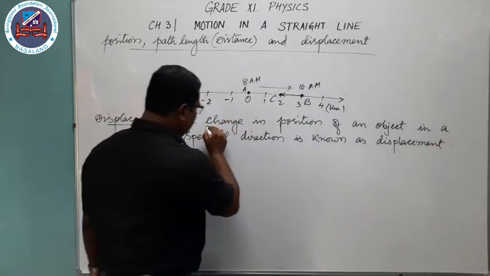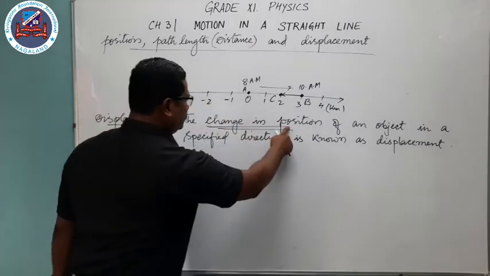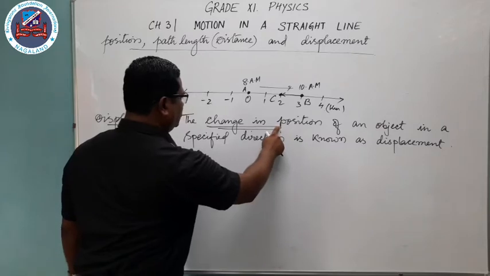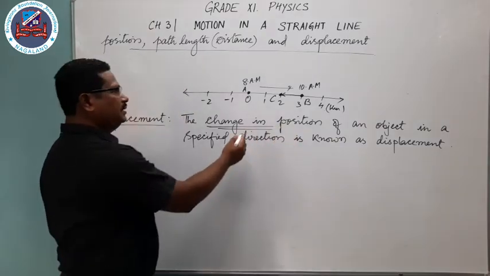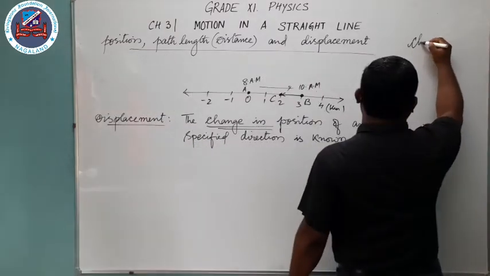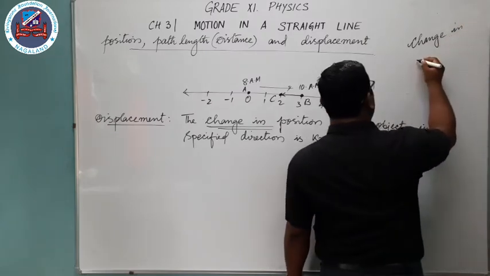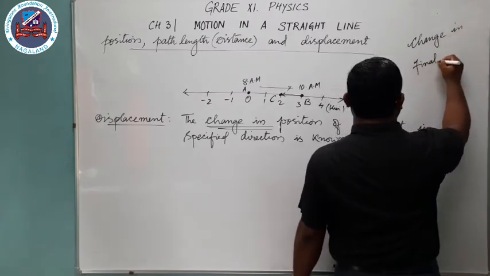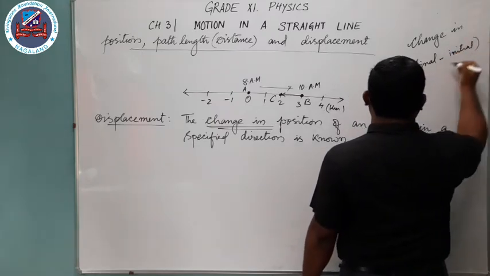In physics you very frequently come across this word change in. It may be change in position, it may be change in velocity, it may be change in acceleration. This word change in indicates what is to be computed. Change in is final minus initial. That we call change in.